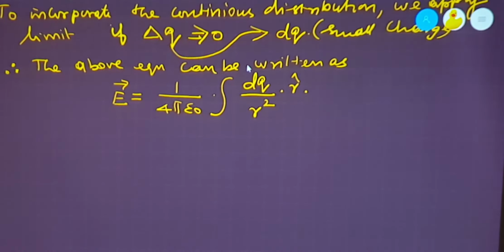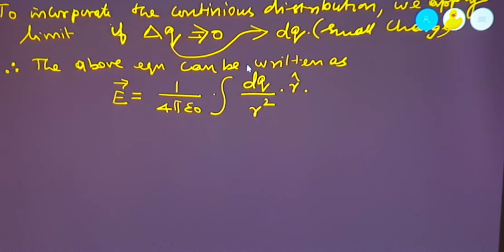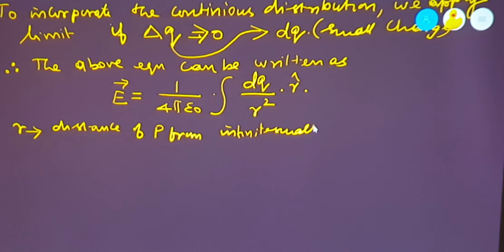Moreover, in this case, I have written r. What is this r? r is taken to be the distance of P from the infinitesimal charge dq. That is, from the small charge dq, the point P is at a distance of r.